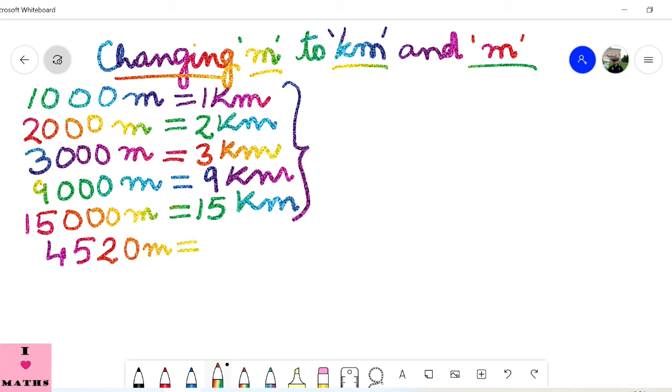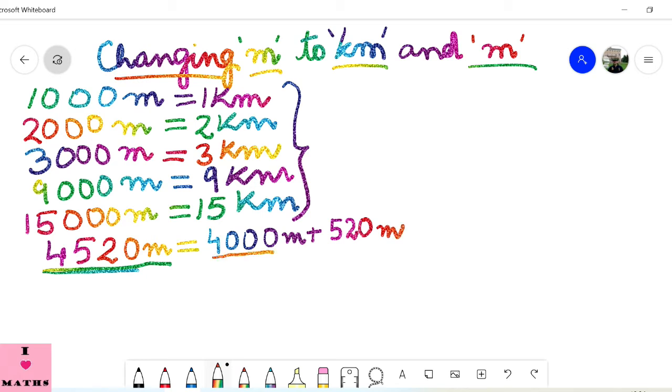Now, if I want to find out how many kilometers and meters there are in 4520 meters, how will I do it? 4520 meters is equal to 4000 meters plus 520 meters.